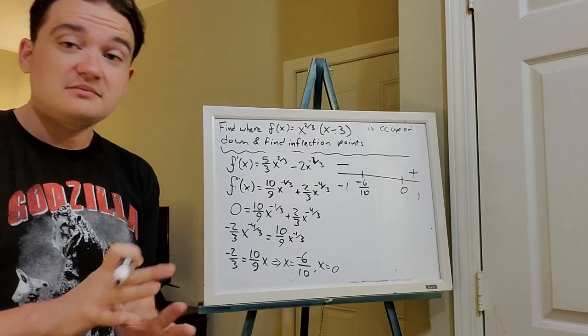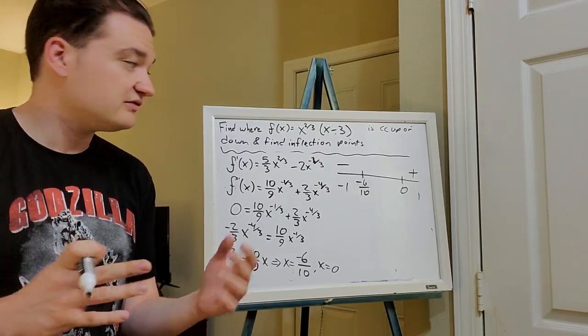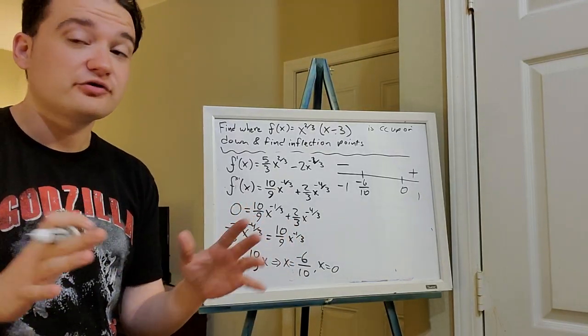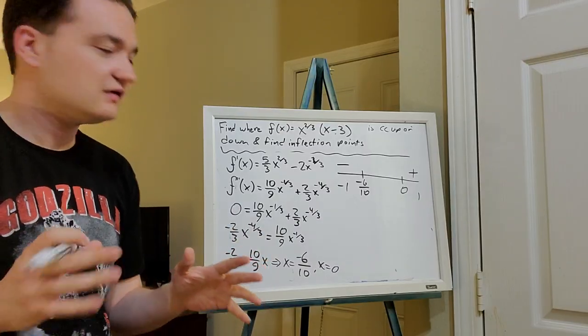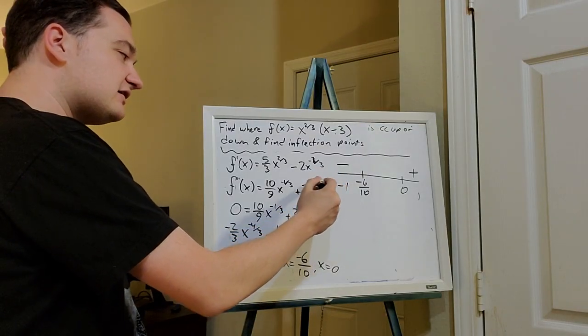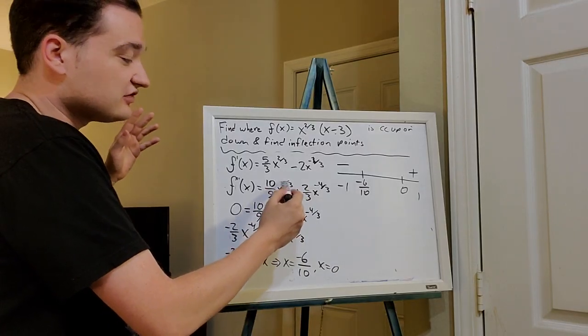Piece of advice, doesn't work all the time, but if you get the opportunity to plug numbers in for these, typically 0 and 1 are pretty good numbers to guess. They typically make things easier to calculate. Keep that in mind. If we plug in negative 1, then this is just 1. If we plug in negative 1, this is negative 1.